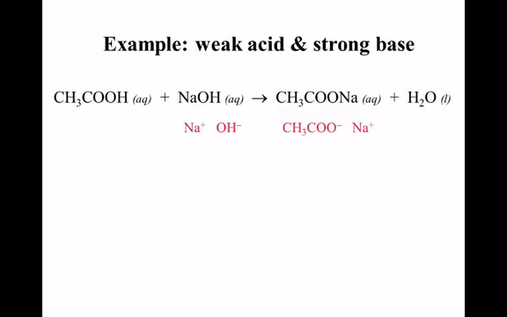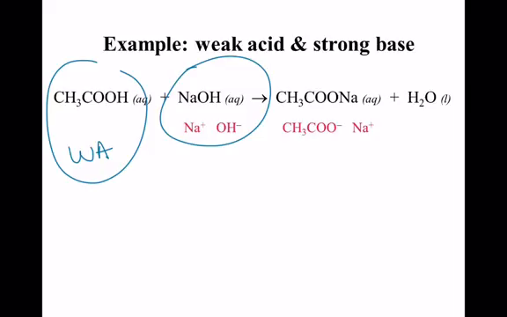An example of a weak acid and a strong base. So, we've spent some time talking about this and doing some homework. So hopefully you're kind of getting an idea of this is a weak acid. On your test and in homework, you always have available to you the Ka tables. So if you find a Ka for that, that's a weak acid. And NaOH, strong base.